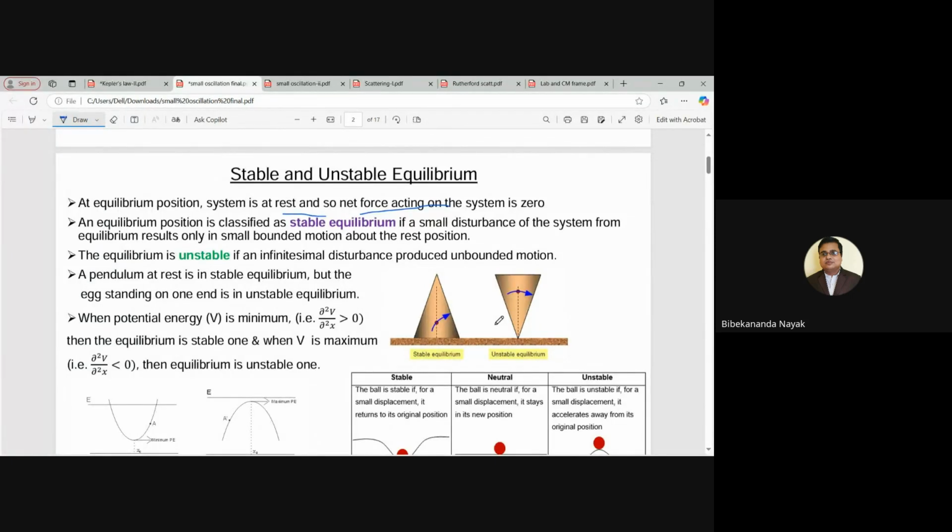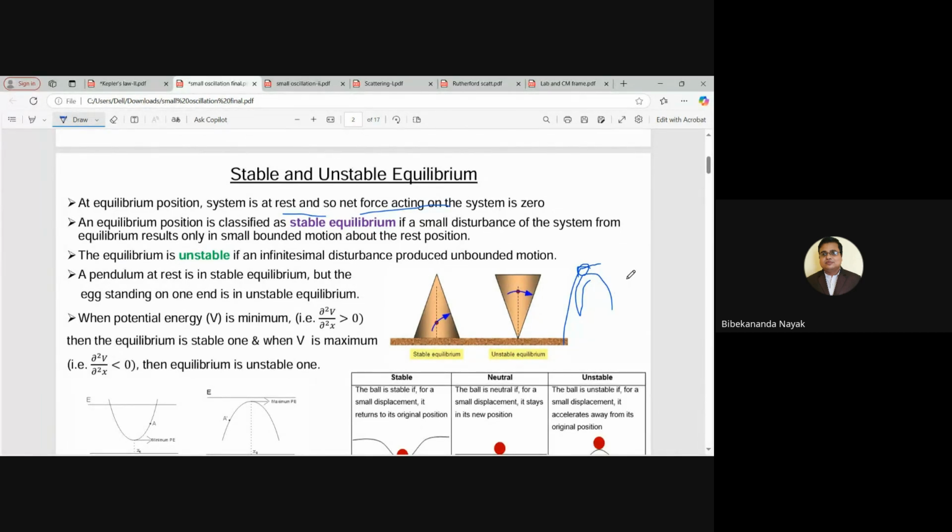For example, suppose we put a stone on top of a mountain. When you slightly disturb it, it falls down. So it is a case of unstable equilibrium.